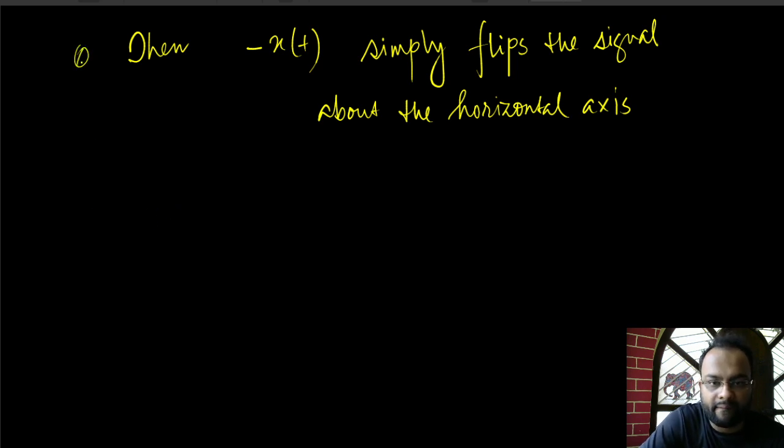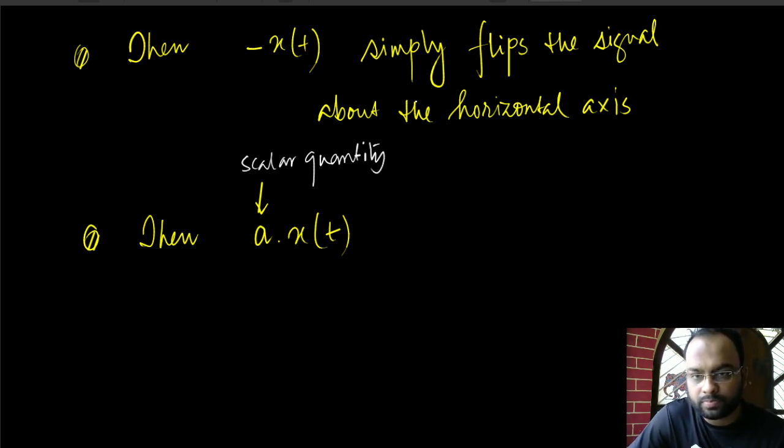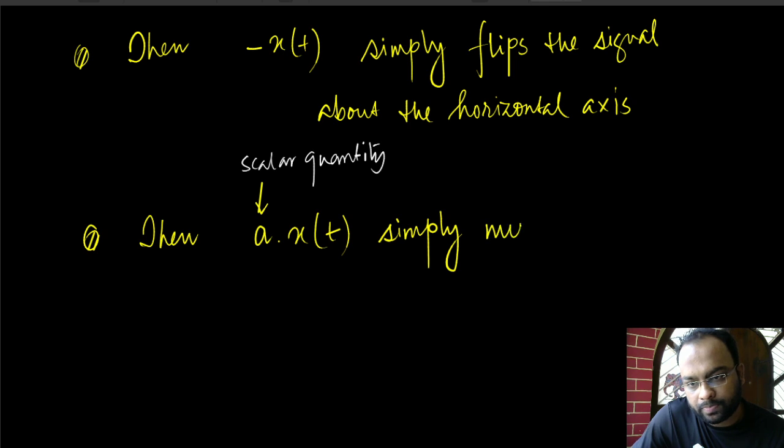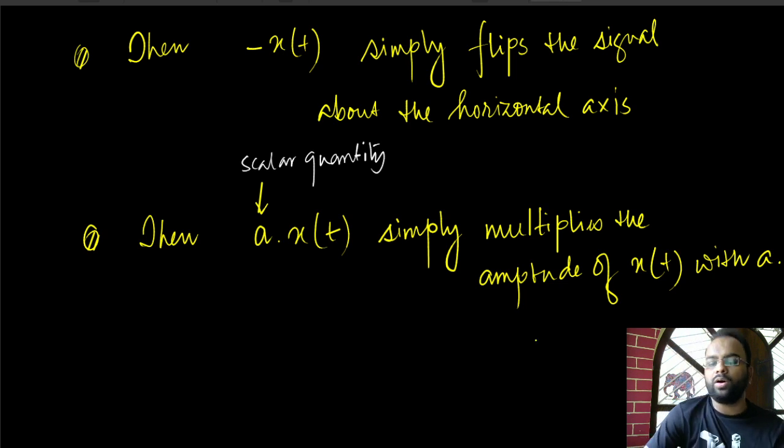And similarly, multiplying the signal with any scalar quantity, which basically means any number, simply multiplies the signal with a value of a, right?